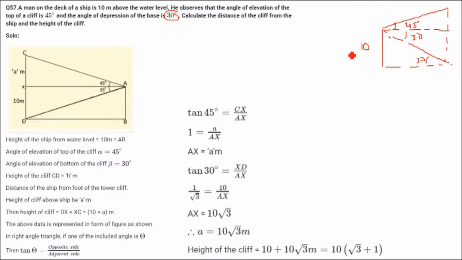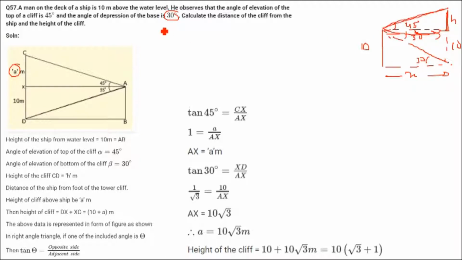So we have to calculate the distance of the ship from the cliff. So x we have to find. This is x, and this one would be x too. So this is 10 and this is 10. Let us assume the upper part to be h, so we'll find out this h. Ultimately, when you have to find the height, you have to add this h and 10.